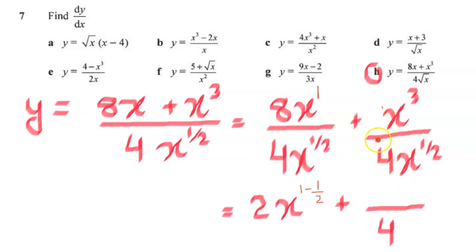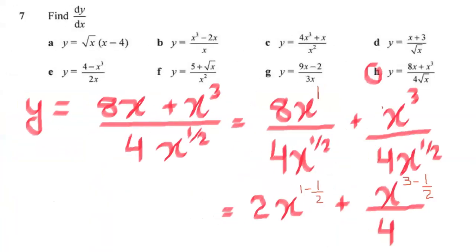Can't, because there is nothing on the top. Then that is x. And now this thing is 3 minus half. So that becomes a 3 minus half. If I simplify that one further on the next slide. So that is, I still got y.